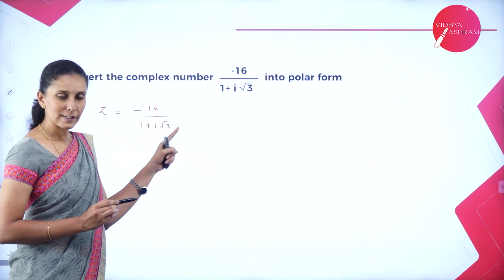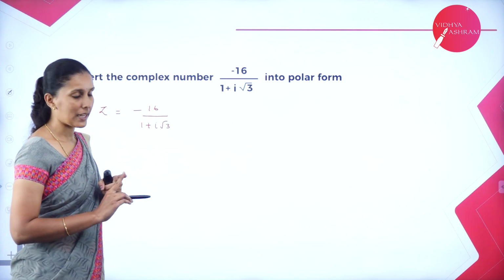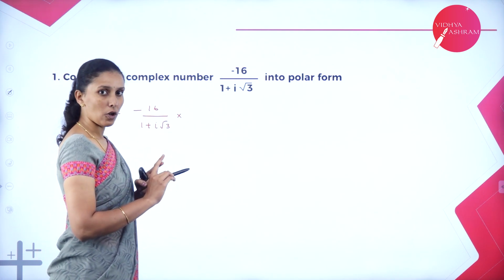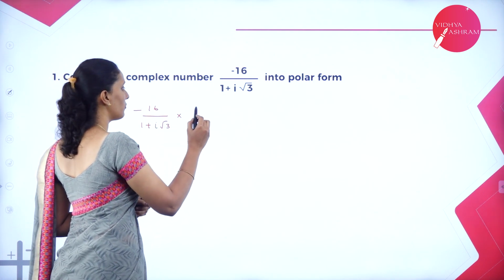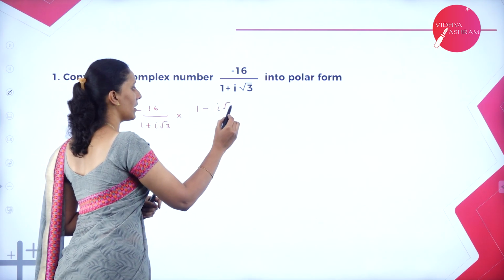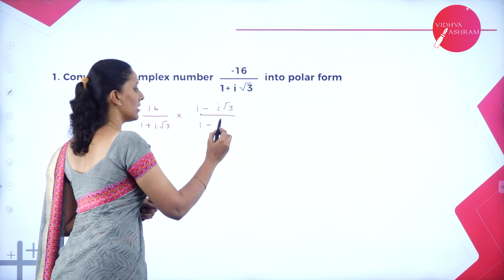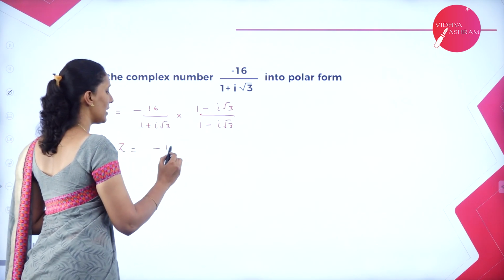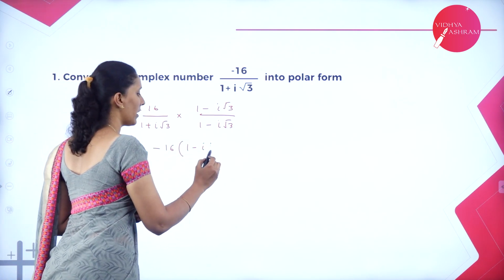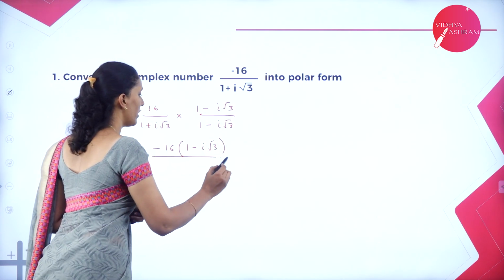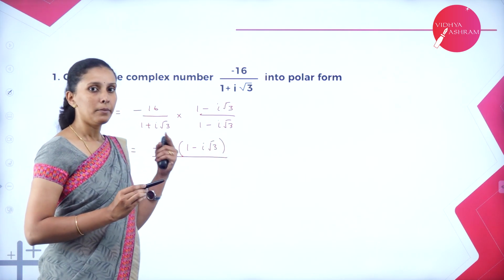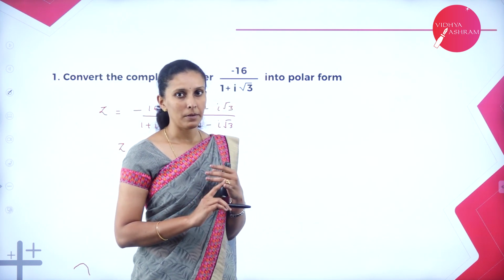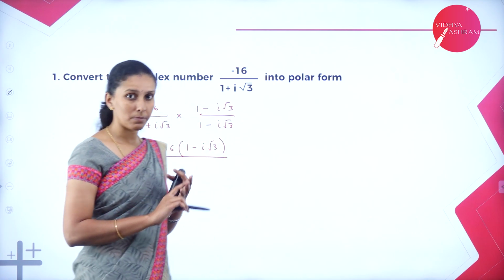Now to convert this into the simplest form of a plus ib, I'll multiply this with the conjugate of the denominator. So what is the conjugate of the denominator? 1 minus i root 3 over 1 minus i root 3. So now let us solve this. We have minus 16 into (1 minus i root 3) whole divided by, as I have told you previously, if you have (a plus ib)(a minus ib), then it can be written as a square plus b square.